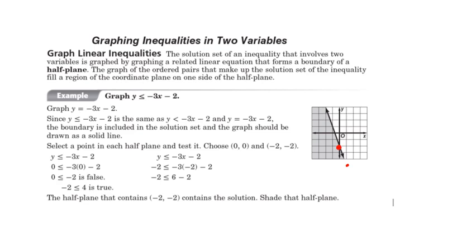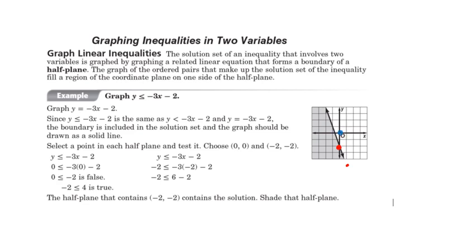Now, because it's less than or equal to, what we want to do is also find points that work in the inequality. So find points that would give us a less than. So let's look at the point. They say choose 0, 0, and negative 2, negative 2. So the point 0, 0 is right here.